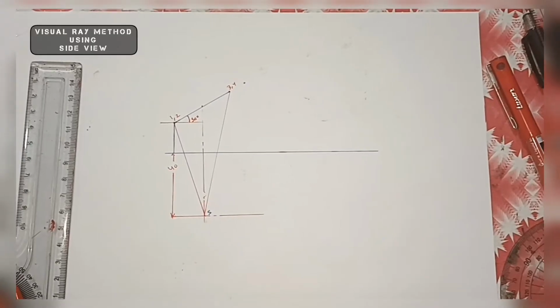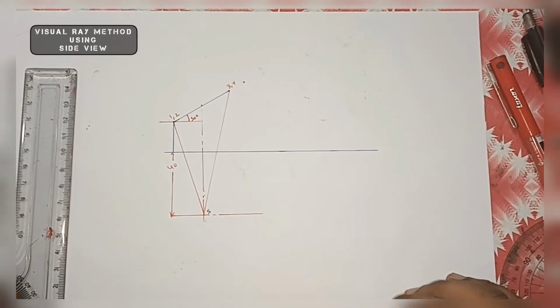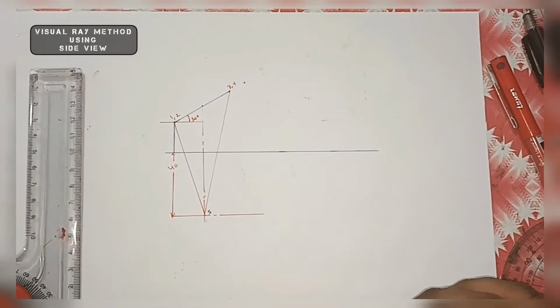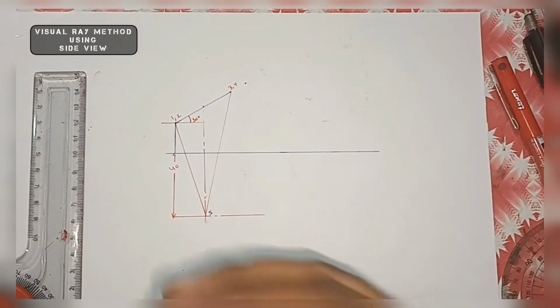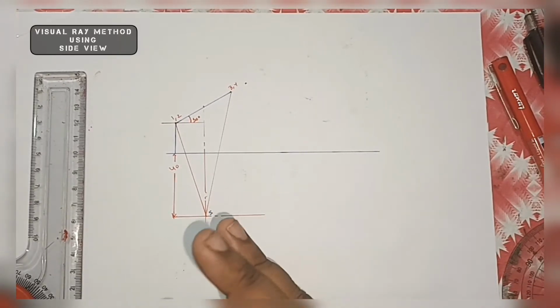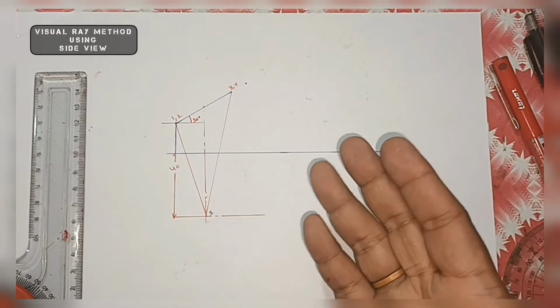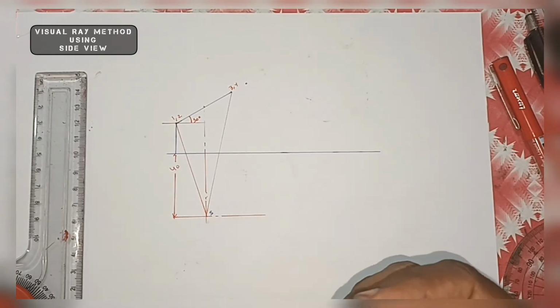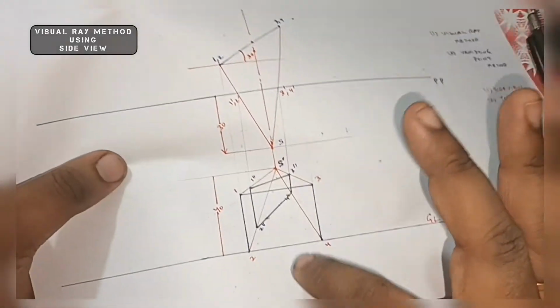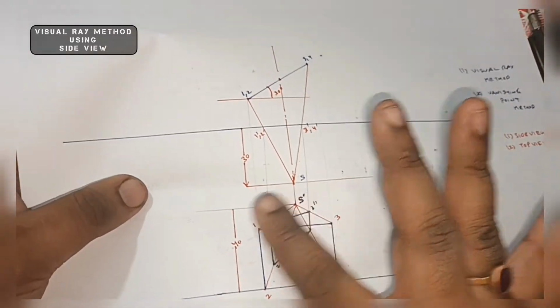Now I'm explaining the visual ray method from the left side view. As you have seen in this method, we have used the top view, sorry, front view. I'm using the same.